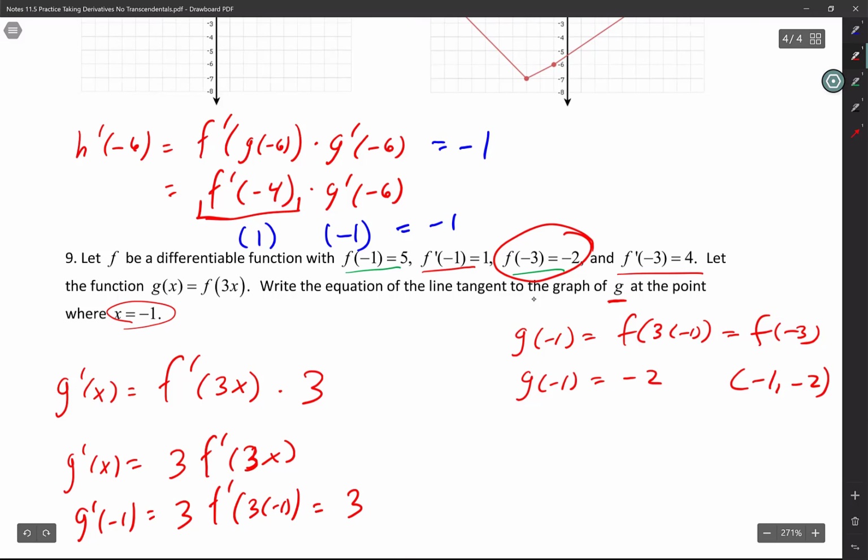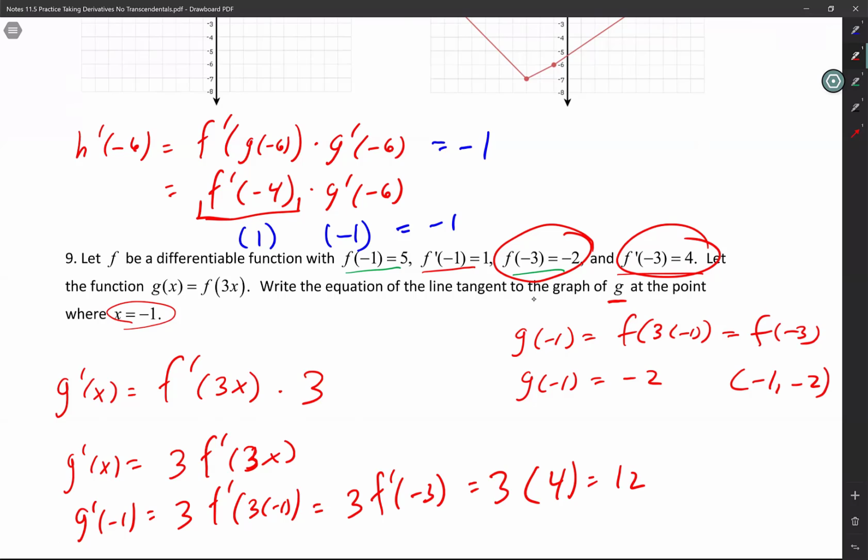So 3 times f prime of negative 3. So we need this guy. So 3 times, if I didn't make any mistakes, that's 3 times 4. So I get a slope of 12. So my tangent line is y plus 2 equals 12 times x plus 1.